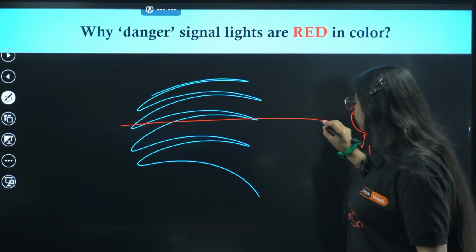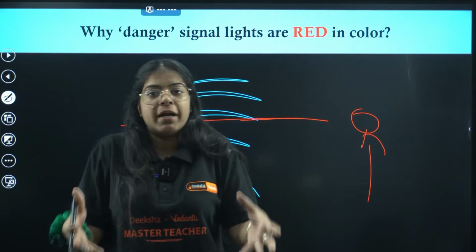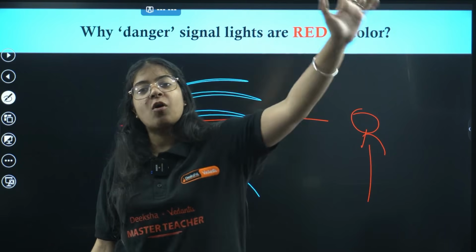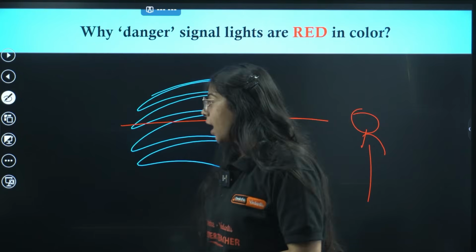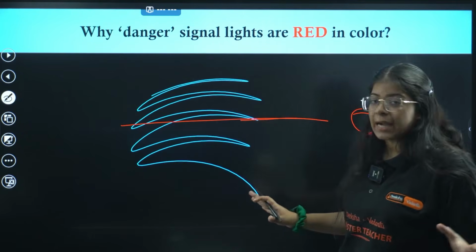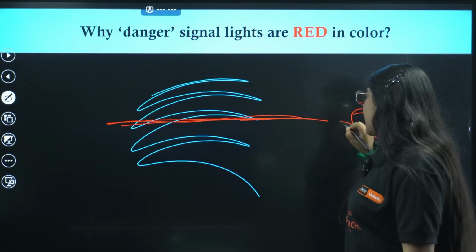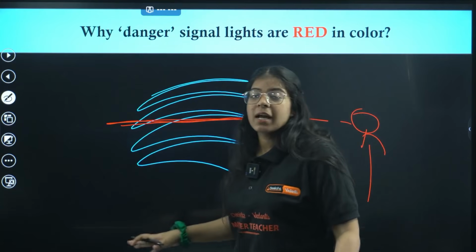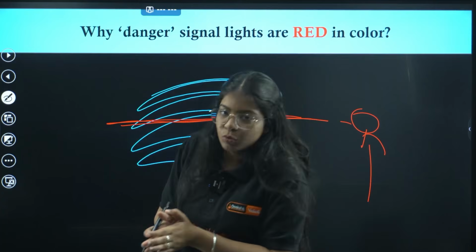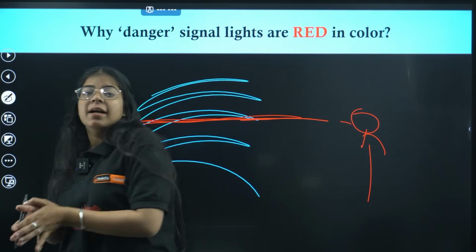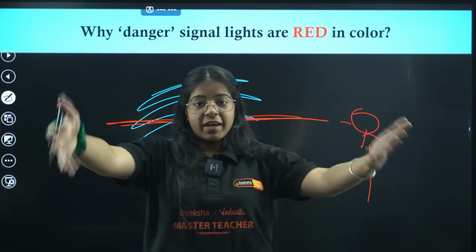Of course, the danger signs should be very sharp, right? You should see them from a far distance, then only you will be able to take some action. So this red light doesn't scatter, it's coming from very far into our eyes, and hence we can see the red light more prominently, sharper than the blue light, and hence our danger signs are red, so that we can see the red color from very far away.